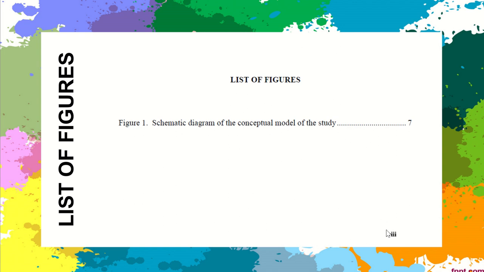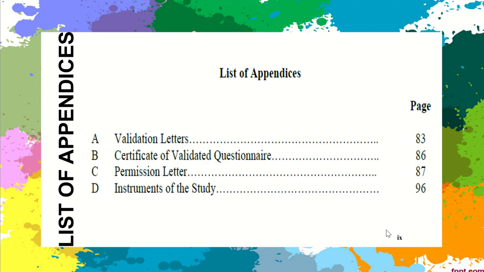Okay, next tayo. List of appendices. So this is where you enumerate all the appendices included in your paper with their corresponding page number. Examples are A, the validation letters, B, certificate of validated questionnaire. Kung nagpa-validate kayo ng inyong instrument or ng inyong questionnaire, you have to include permission letters kung kanino kayo nagpaalam na organization or even to your dean, for example, yung mga communication letters, so you have to include that as well.